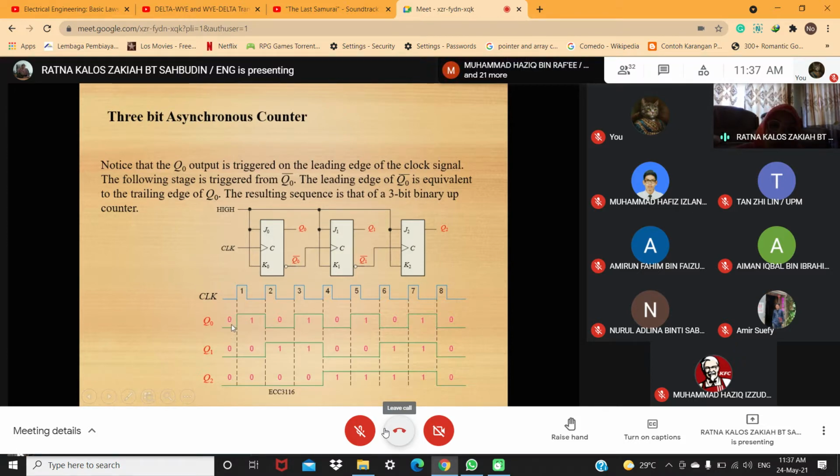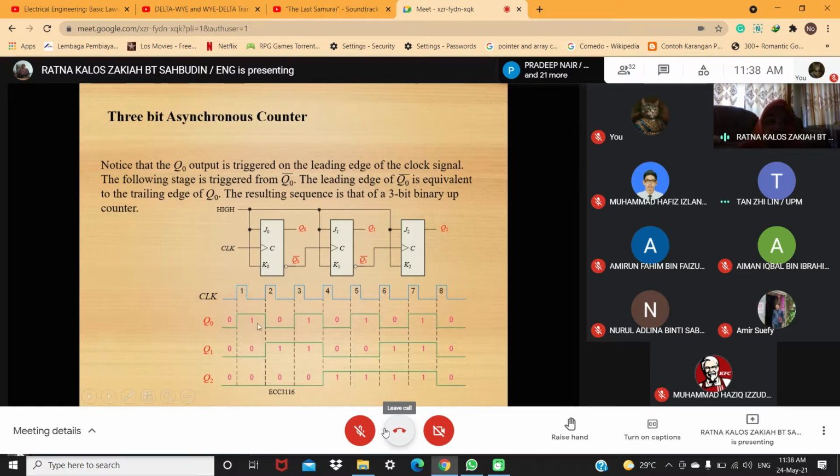It's just the opposite of this Q naught. So when this is low, it's going to be high, low, and so on. Now you only look at Q naught. It's much easier. But now the edge that we are looking at is this negative edge. It changes at the negative edge, no longer at the positive edge.